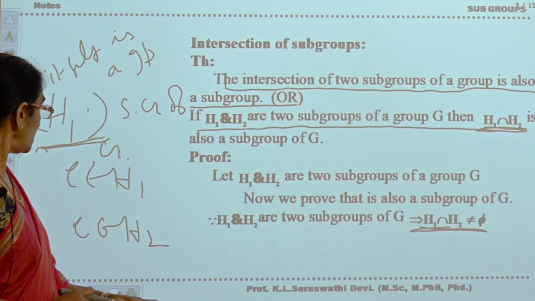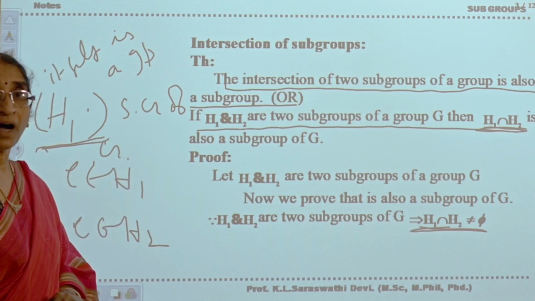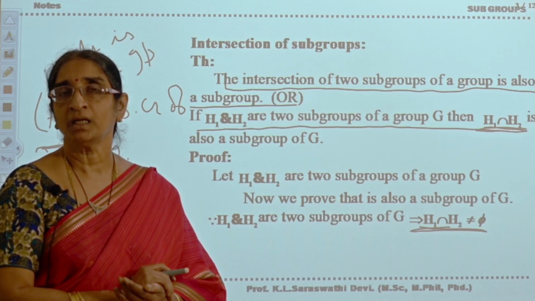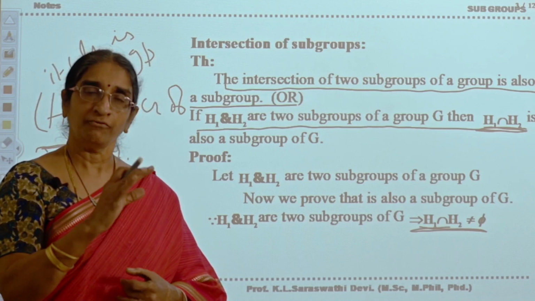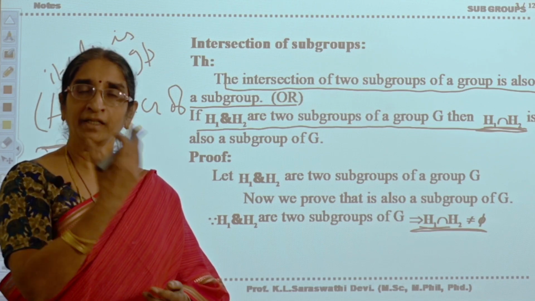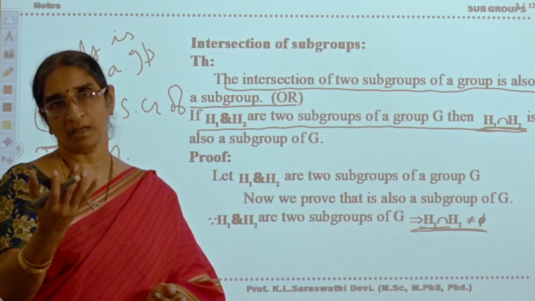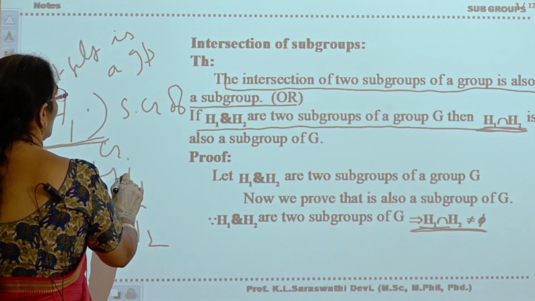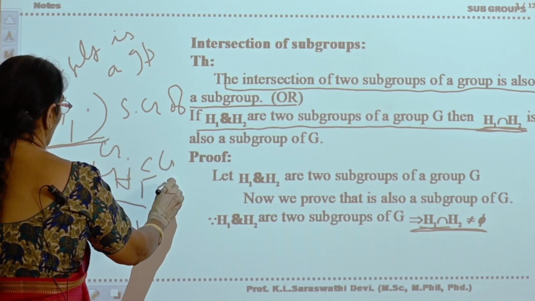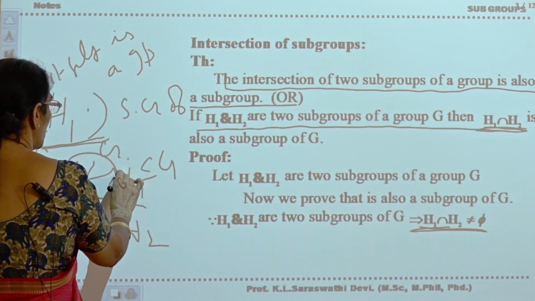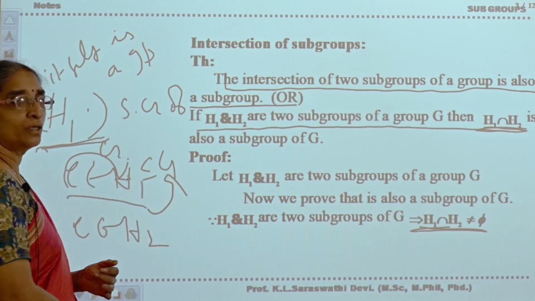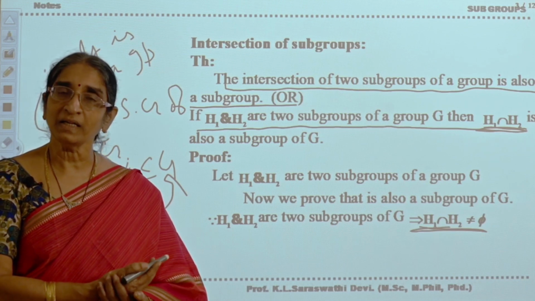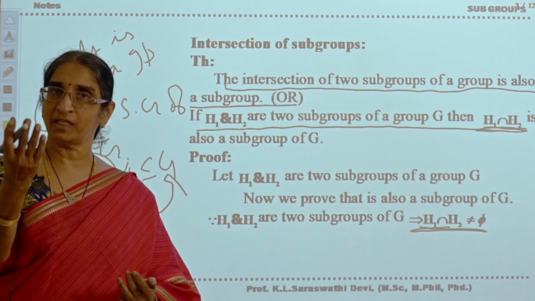But you have to confirm that this e and this e are the same. How will you say? Because in properties of subgroups you have learned that if H is a subgroup of G, the identity of H and G are the same. So here H1 is a subgroup of G, so e is the identity of H1 and it is also the identity of G. Similarly, e in H2 and G will be the same.